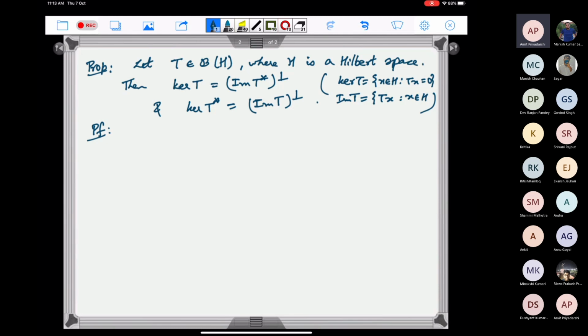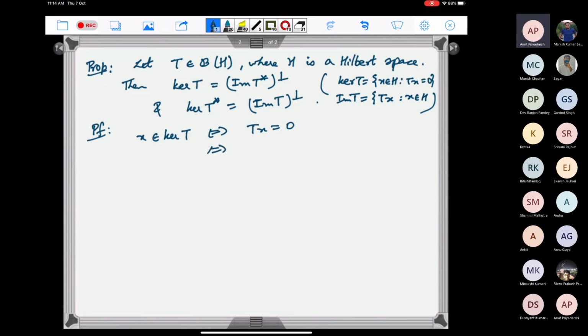So what do we have to do? Suppose we take anything in kernel T. So let x belong to kernel T. This is equivalent to T of x equal to 0. So x is in kernel T if and only if Tx is equal to 0.